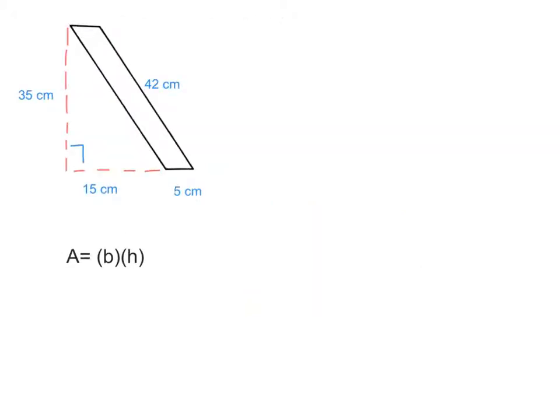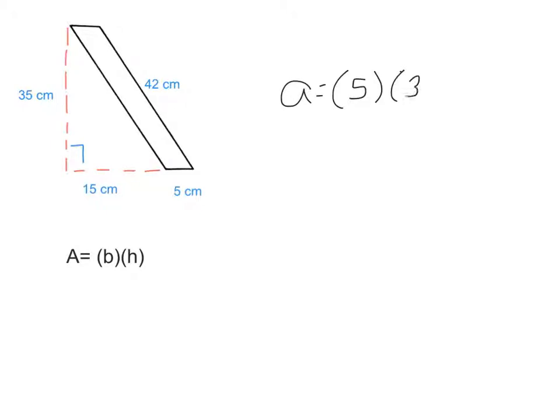Here is another example. Again, the formula to find the area of a parallelogram is base times height. With this parallelogram, the base is 5 centimeters. So when we rewrite the formula, we're going to say area equals 5 in parentheses, because 5 is the base, and the height of this parallelogram is 35 centimeters.